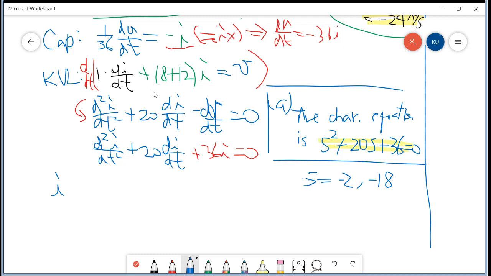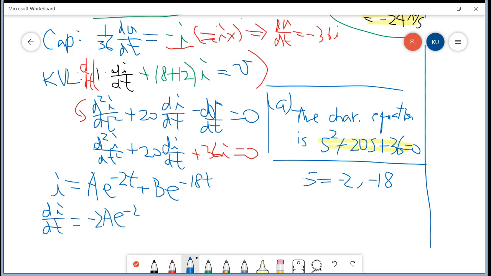So actually, we can write that I is a exponential to minus 2t plus b times exponential to minus 18t. So we take the first derivative, which will become minus 2a exponential to minus 2t minus 18b exponential to minus 18t.